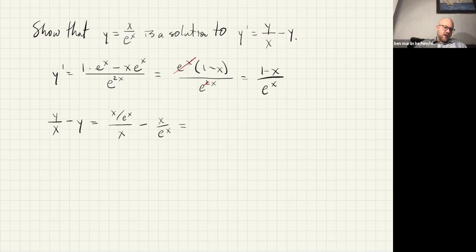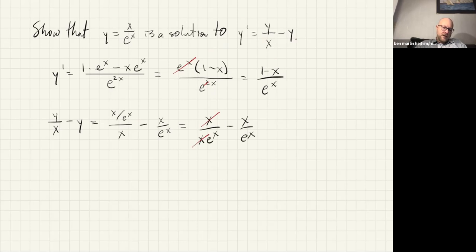And so on the first piece there, you'll be able to simplify it as x over x e to the x. And that has some cancellation happen.